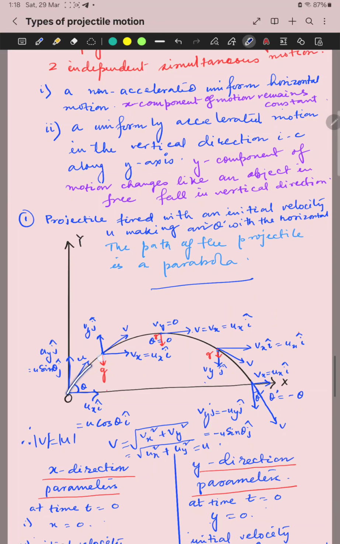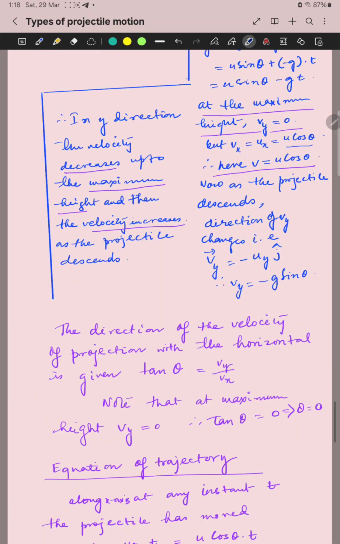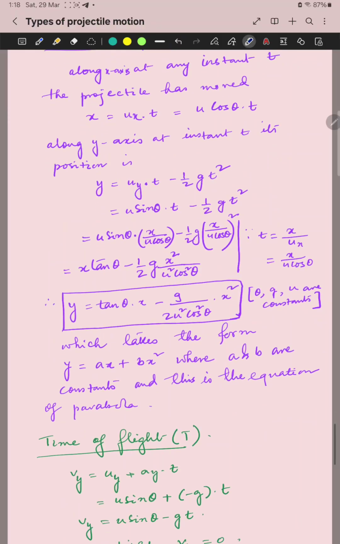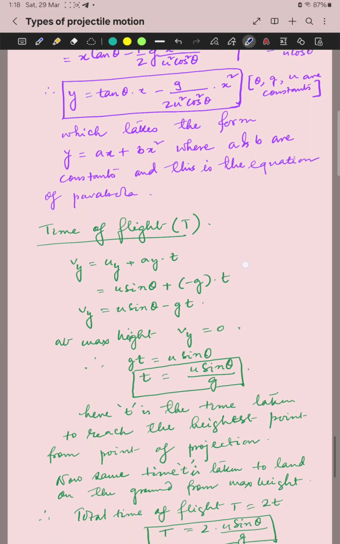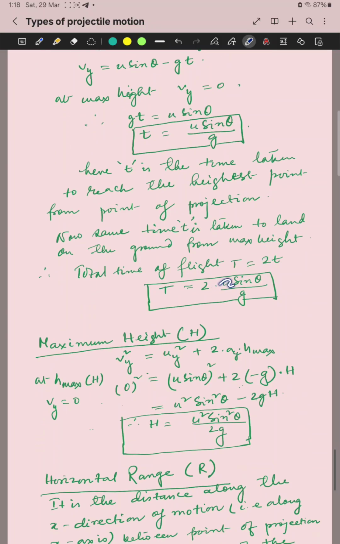That is, from here to here time taken is t, and from here to here again the time taken is t. So T equals t plus t, that is 2t. So we got the total time of flight, which is 2 u sin theta by g.